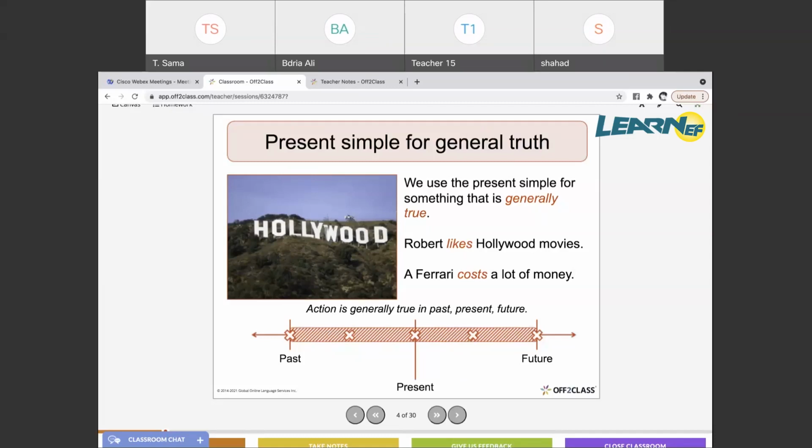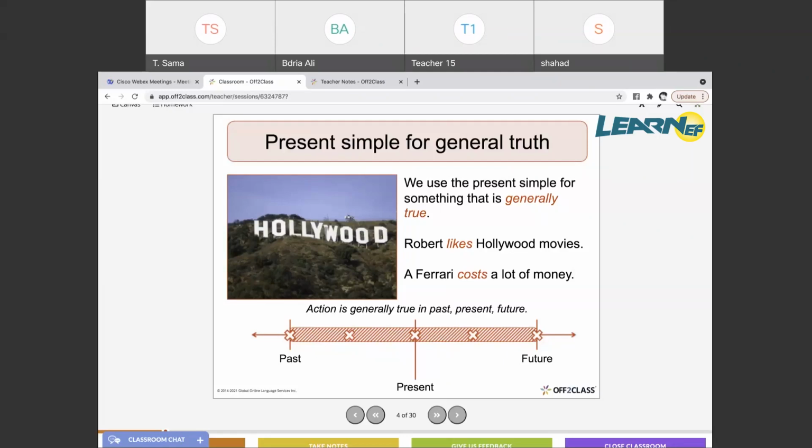In the future, it will cost a lot of money. And in the present, today, it costs a lot of money. So an action, حدث, that is generally true in the past, present, and future. This is when we use the present simple, for general truths, الحقائق العامة.